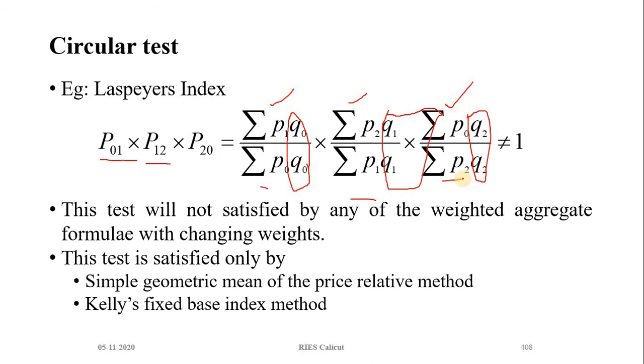Kelly's index number is based on a fixed base method, so it is a fixed weight index number. All other methods are changing weights index numbers. That's why Kelly's fixed base index number method satisfies this circular test.